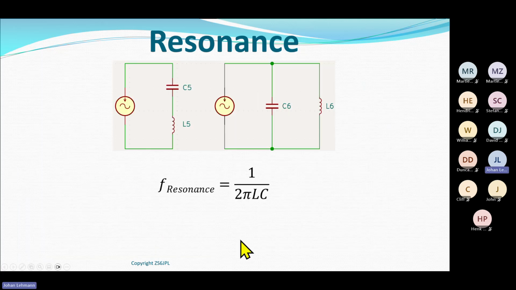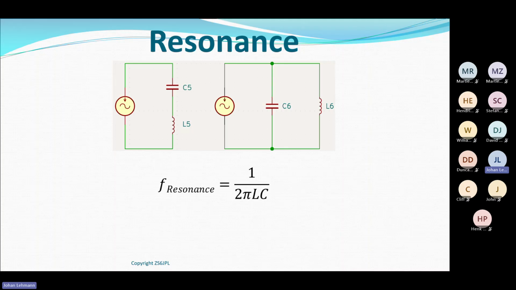Okay. How do we determine where this wonderful point is that they call resonance, where everybody lives happily ever after? The formula which you'll find in your book for resonance, the frequency of resonance in hertz, is 1 over 2 pi times the square root of the inductance in henries times the capacitance in farads.